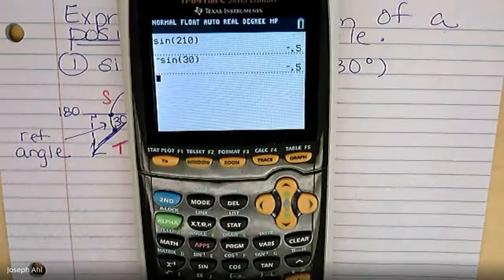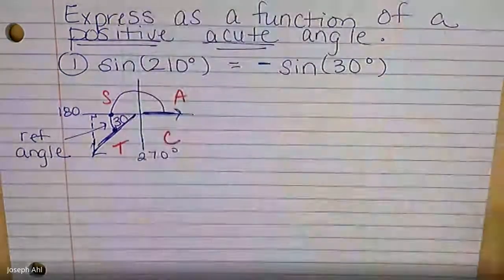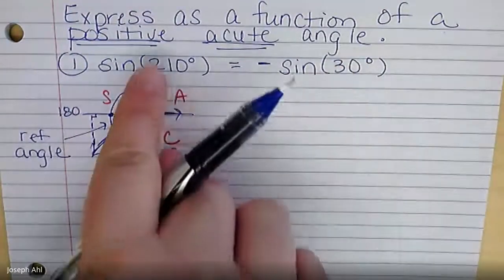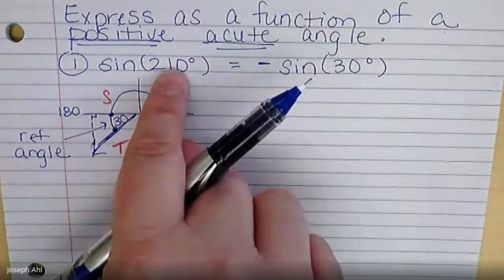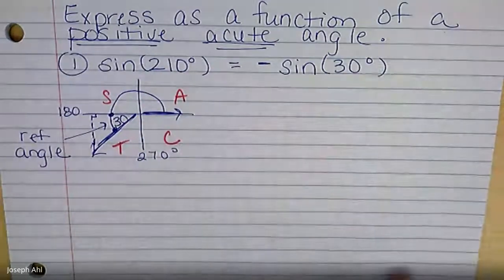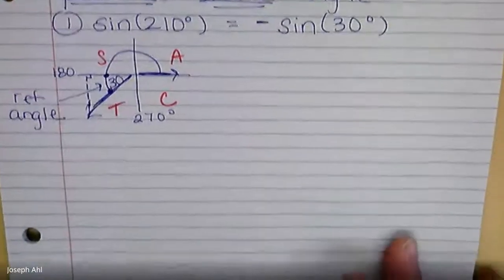Negative a half. So those are, in fact, equivalent. That's what I'm trying to do: re-express this in terms of a function that's a positive acute angle. However, because sine of 210 altogether would be negative, we have to negate the outside of sine 30 to create an equivalent expression. It takes a little while to get used to.